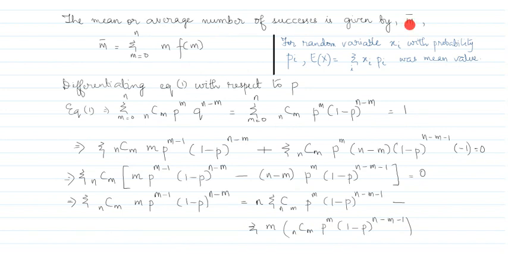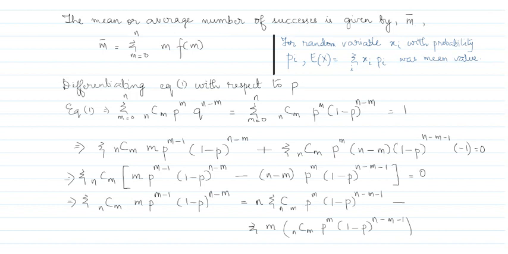m bar. Okay. Now, if you remember our previous lecture, we had seen that the method of evaluating expectation value or mean is to take summation xi pi, where the weighting is done with probabilities, individual probabilities.